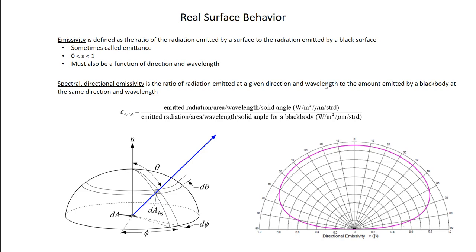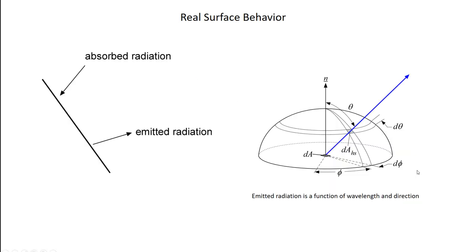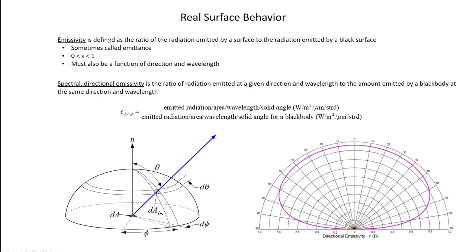And if the radiation that's emitted is some complicated function of wavelength and direction, then in general, the emissivity must also be some function of wavelength and direction. So the most detailed version of emissivity is what's called spectral directional emissivity. And that is the emissivity that is a function of the direction and also the wavelength. So spectral means wavelength.